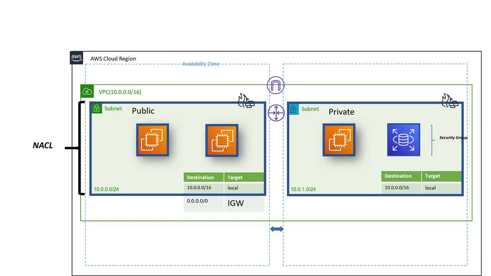Now let's look at how the route works. If you have a resource within the public subnet which wants to go outside the subnet and outside the VPC to the internet, that happens based on the route table that I have shown you.